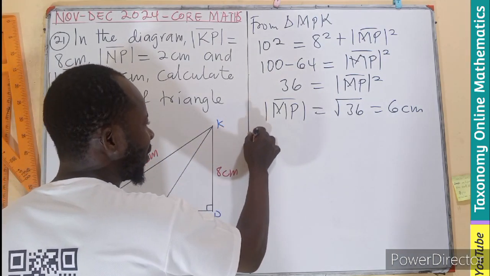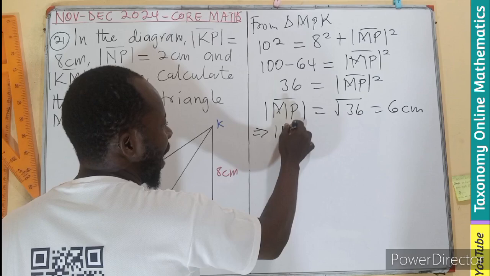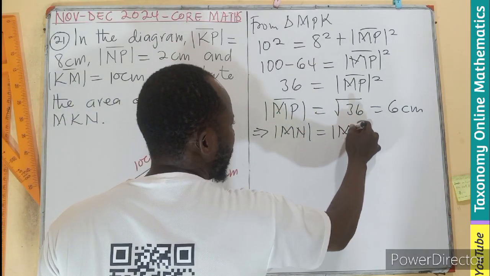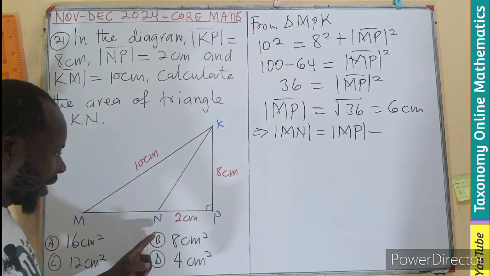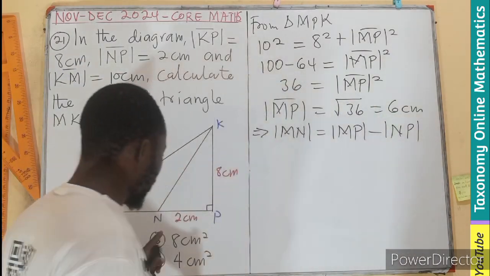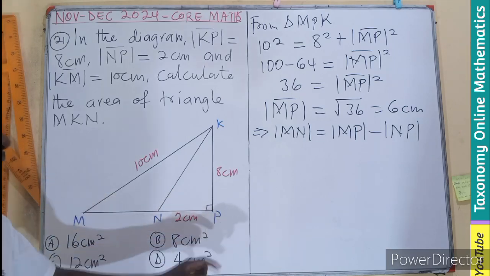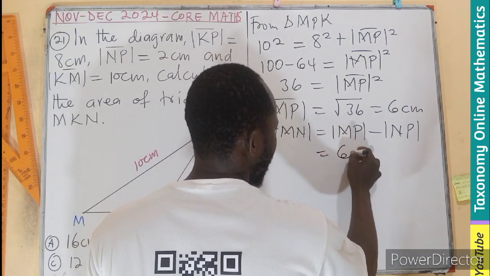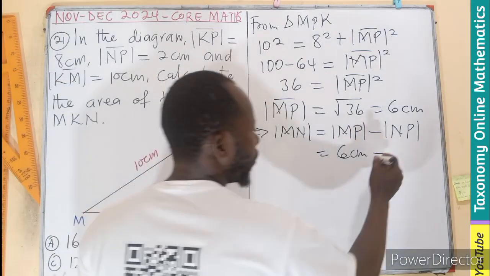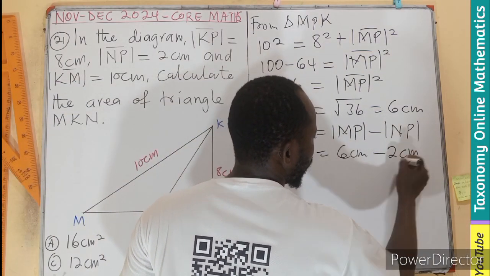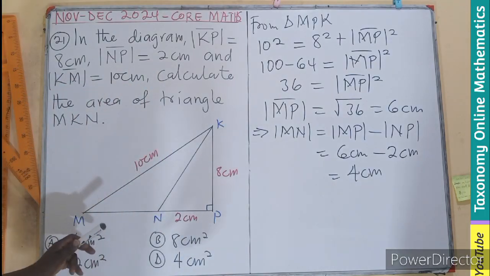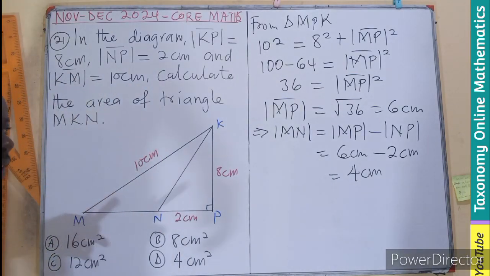So the length of MN is equal to the length of MP minus the length of NP. The whole of this is 6. N and P is 2. So that gives rise to 4 centimeters.